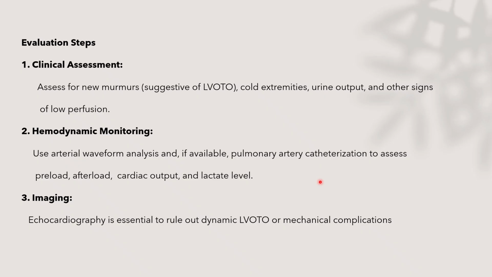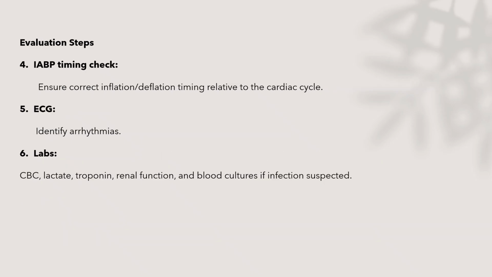Imaging is very important to rule out dynamic left ventricular outflow obstruction or any mechanical complication to be treated or referred to cardiac surgery. The fourth step is to check the correct inflation and deflation timing relative to the cardiac cycle, ECG to identify arrhythmias, and labs like CBC, lactate, troponin, renal function, and blood cultures to see if infection is suspected.